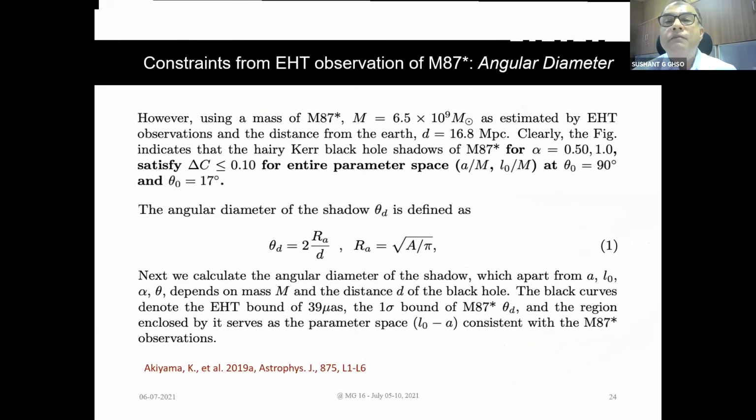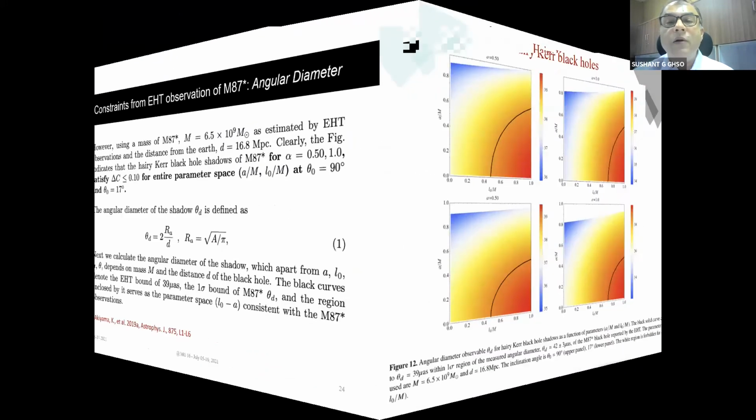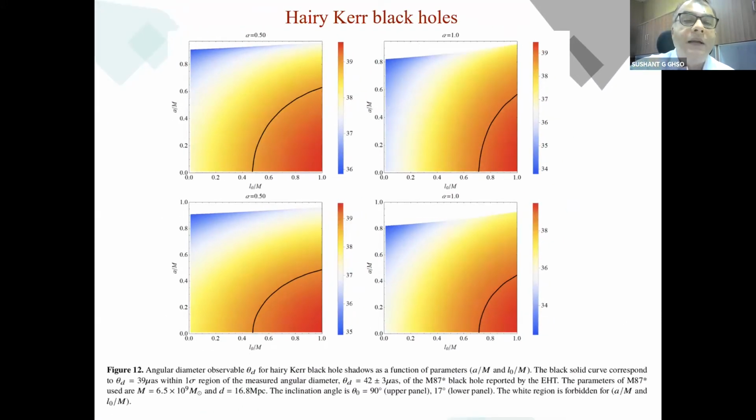The second is the angular diameter. This is very important. For the mass of the black hole, we are using the value proposed by the Event Horizon Telescope, 6.5 times 10 to the power of 9. The distance is the same, 16.8 megaparsec, and then we calculate the angular diameter. The black line is the result given by the Event Horizon Telescope, because it estimated the angular diameter of 42 plus minus 3 micro arc seconds.